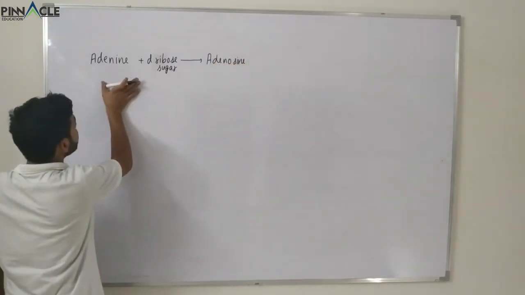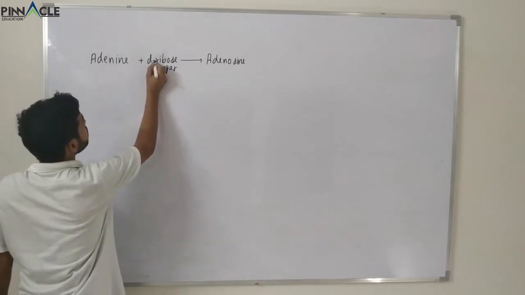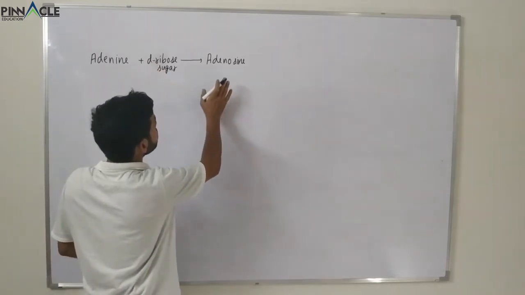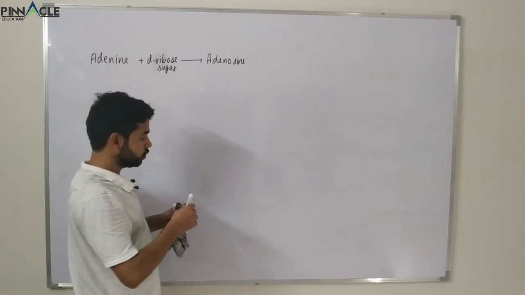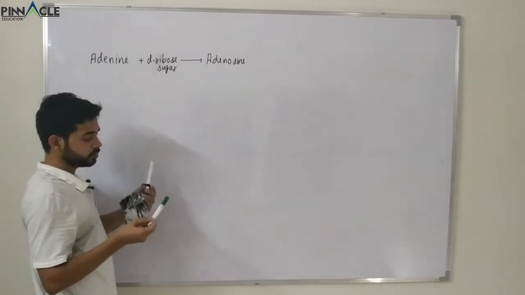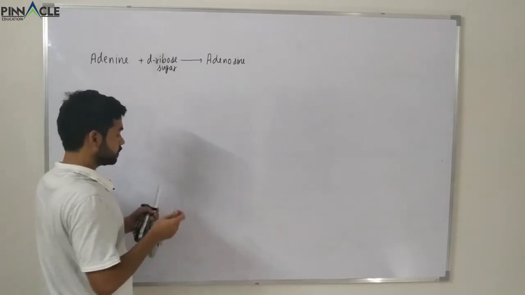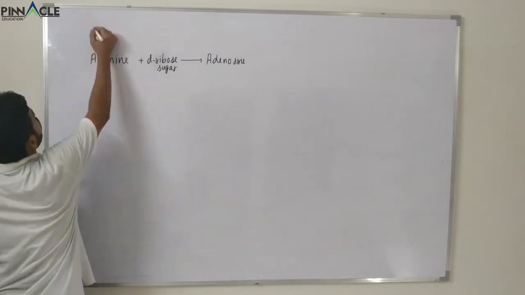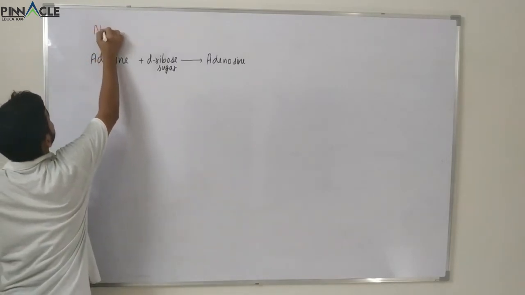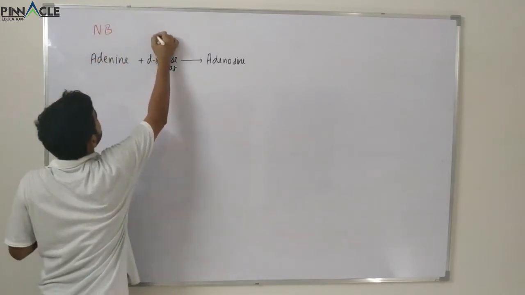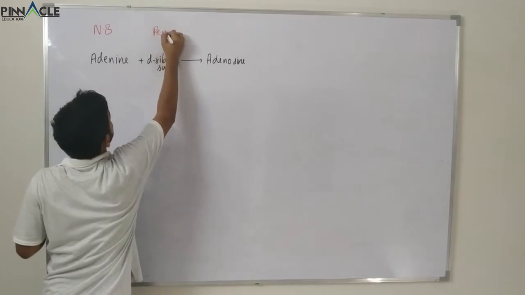So when a nitrogenous base attaches with a ribose sugar, that is called a nucleoside. This is the difference between a nucleotide and a nucleoside. So this is a normal nitrogenous base. This is the pentose sugar.